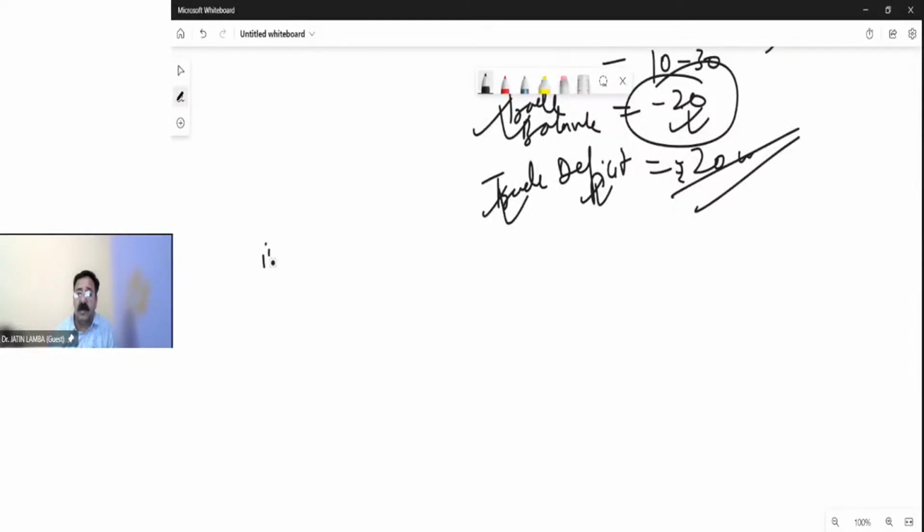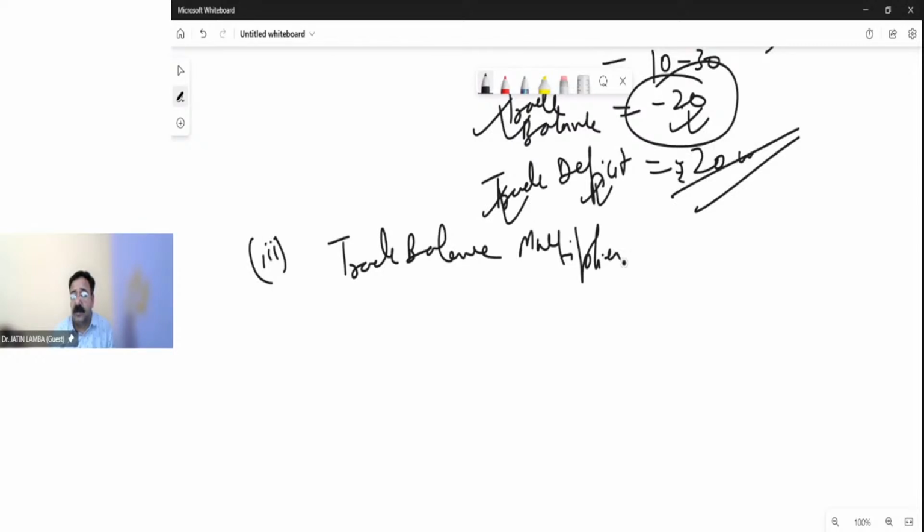Now the third part of this illustration is to find the trade balance multiplier. What is the formula? 1 upon 1 minus b plus m. What is the value of b here?